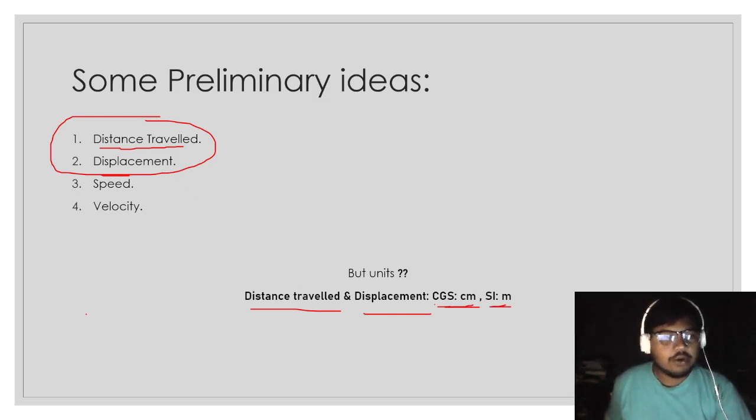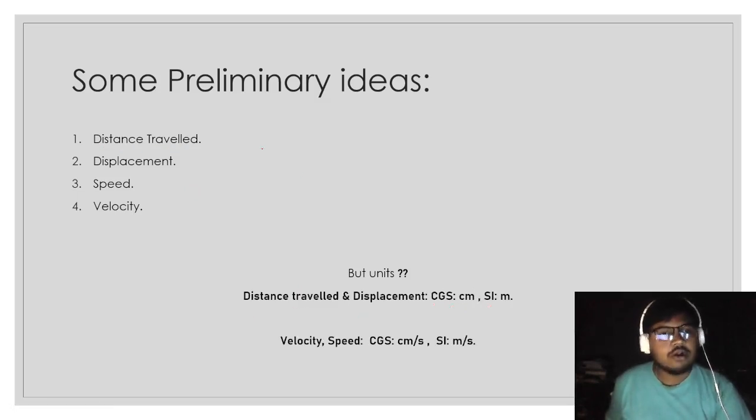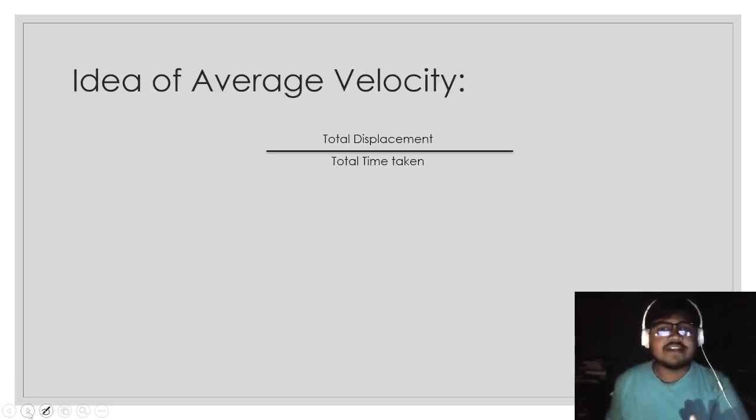In the case of speed and velocity, they also share the same unit: in CGS that is centimeter per second, and in SI that is meter per second. Now another idea occurs, that of average velocity. What is average velocity? Average velocity is the total displacement divided by the total time taken.